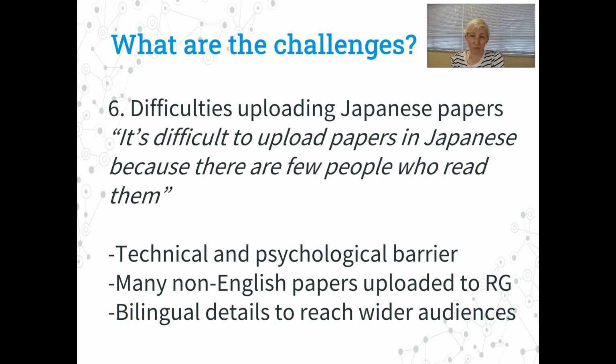Maybe they can't read your Japanese paper, but they can see your abstract in English, and maybe they can get some general idea about your research activities. So I think this could be a positive thing to disrupt a little the English dominance of academia.